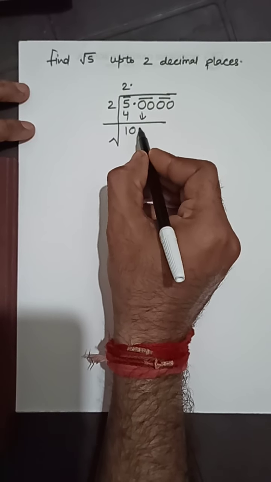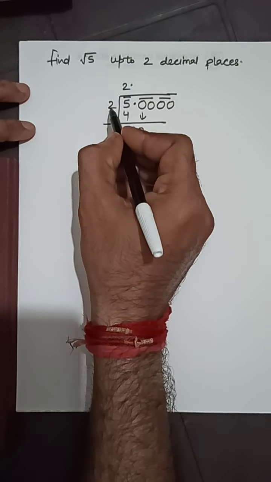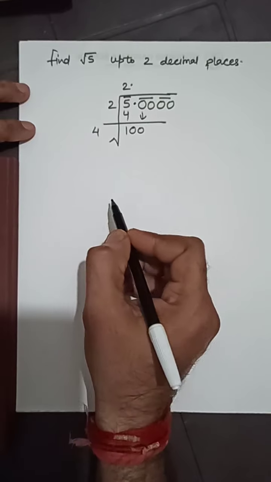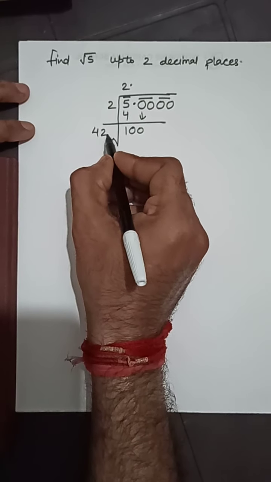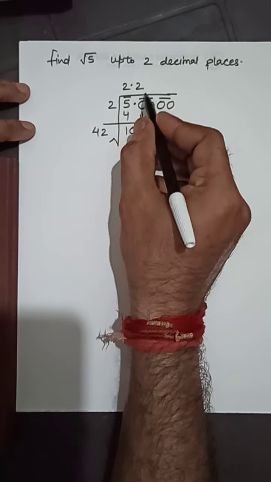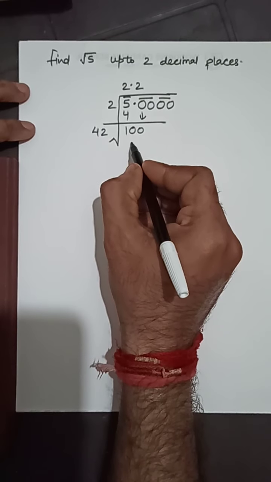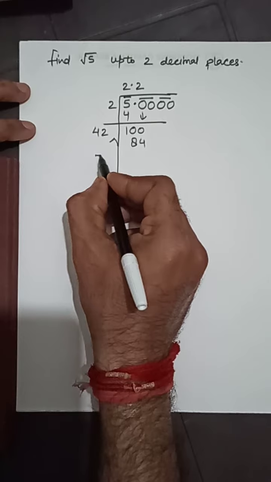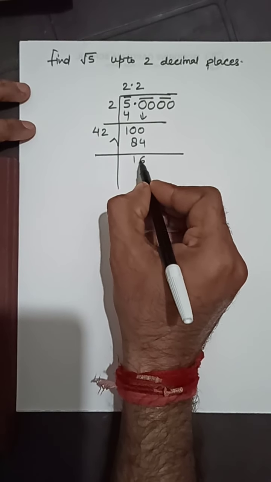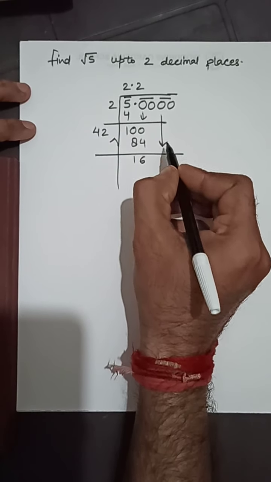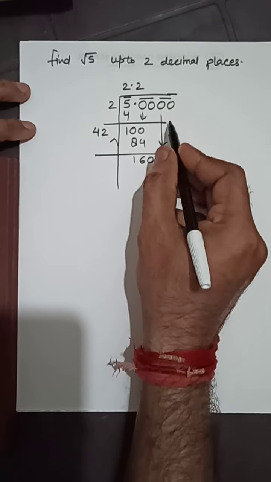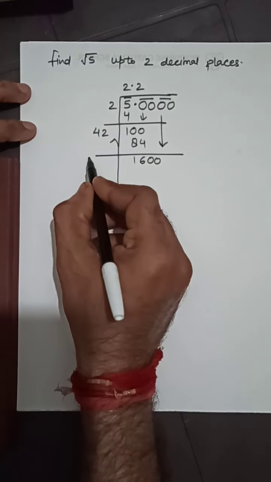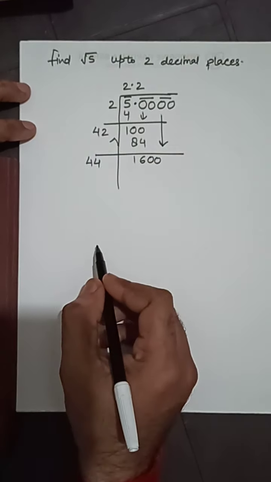Now carry 0 0, 2 will be added over here, 4, then 2 will be taken as a divisor and quotient. So the product is 42 times 2, 84. Now we'll subtract, 16, then again carry 2 zeros, 2 will be added over here, 4.